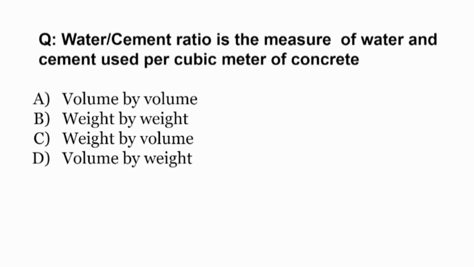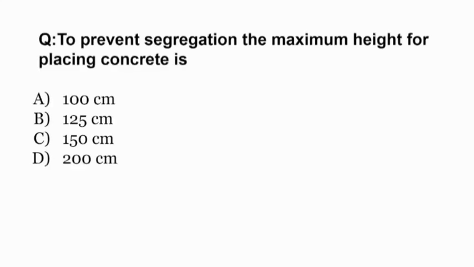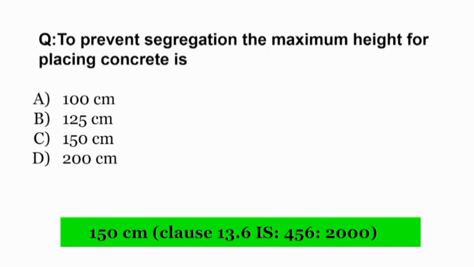The correct answer is option B, weight by weight. To prevent segregation, the maximum height for placing concrete is: A 100 cm, B 25 cm, C 150 cm, or D 200 cm. The correct answer is option C 150 cm, which is given in clause 13.6 of IS 456-2000.